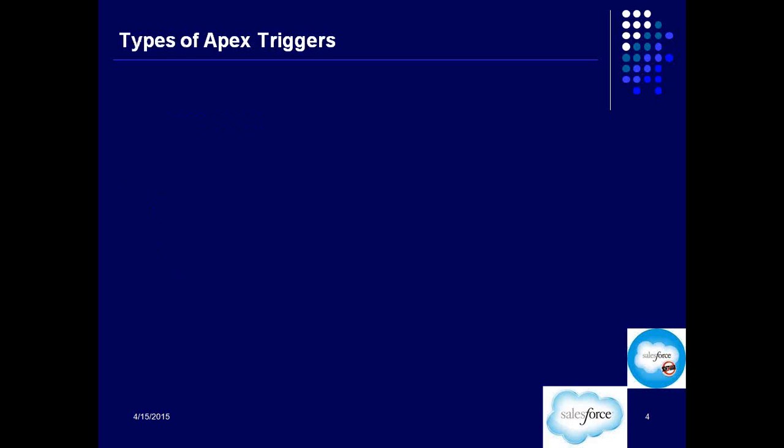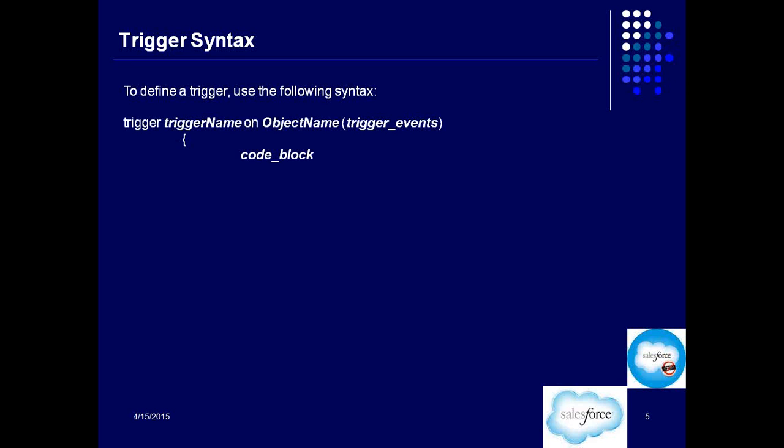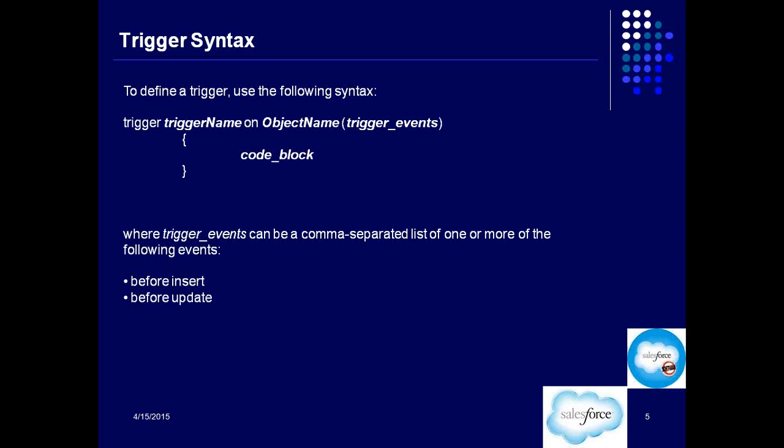Now the second slide we talked about 2 types of triggers, before and after, right? So for every operation we have a before event and after event. That's it. Before insert, before update, before delete. There is nothing called before undelete. And then we have after insert, after update, after delete, after undelete.